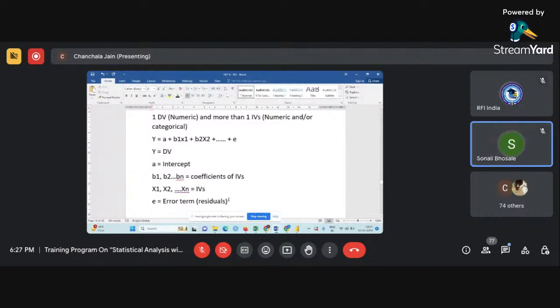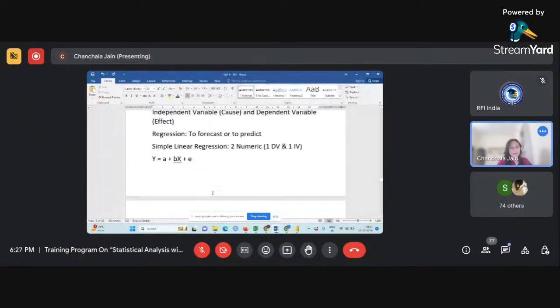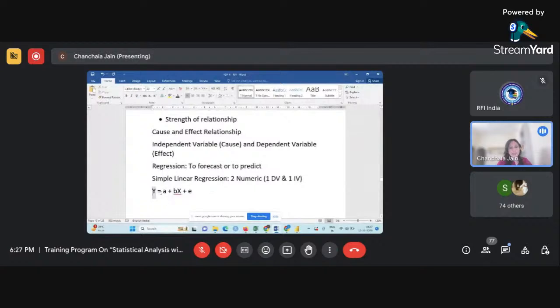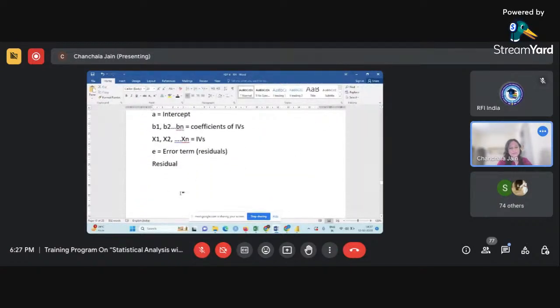Okay, thank you. Now talking about the term residual or error term. With the help of the regression line, suppose I have written this is the equation, y equals a plus bx, right?